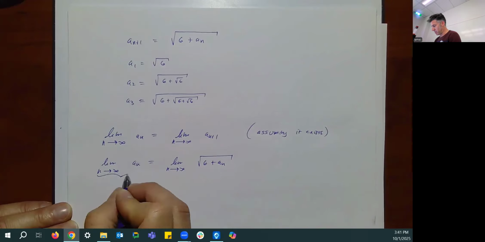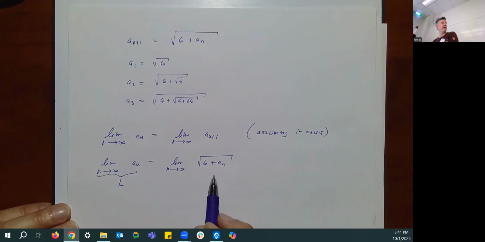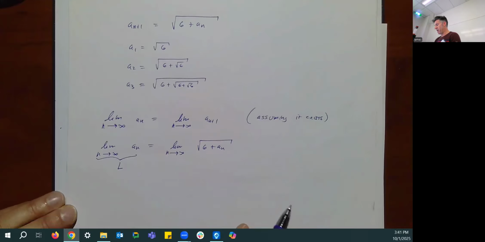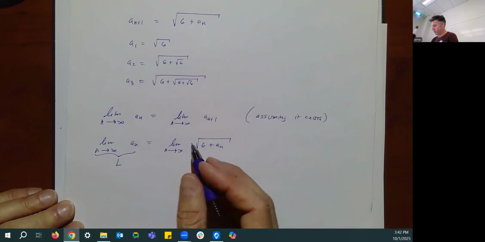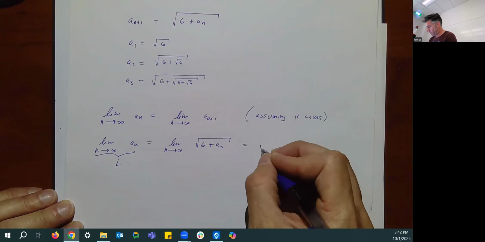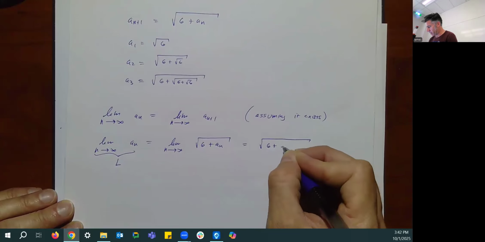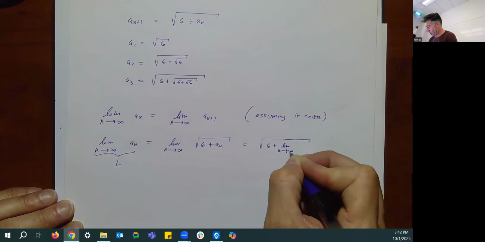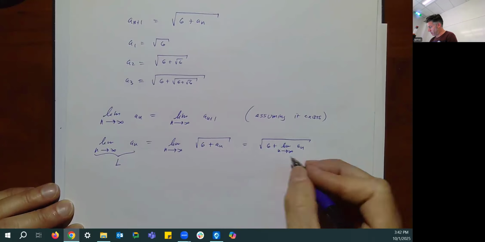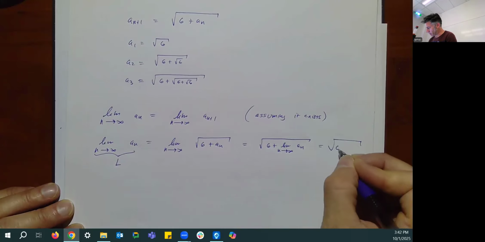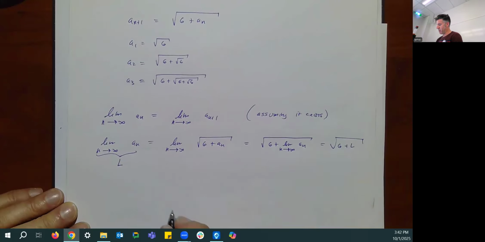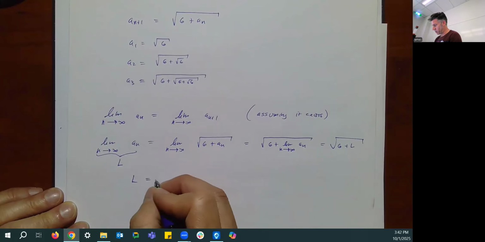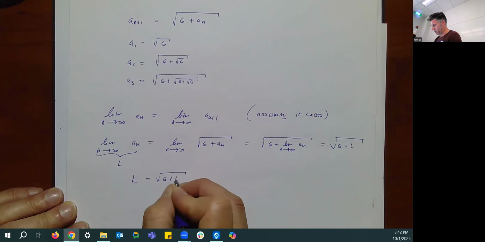We're going to say that this limit is L. The thing I'm doing here, in case you were a little bit dicey how I did before, is we're just doing the limit the usual way. We're passing the limit through and getting 6 plus the limit as n goes to infinity of a sub n. So that's going to be the square root of 6 plus L. And now we end up getting our limit is equal to the square root of 6 plus our limit.